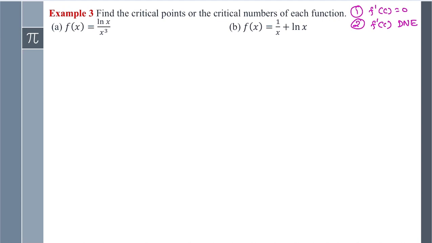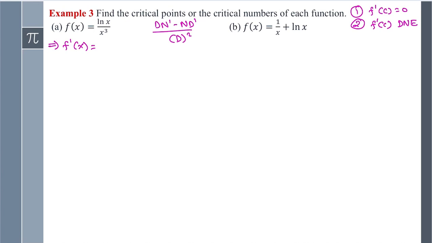So let's go ahead and find the derivative of this function. We are going to use the quotient rule. I think you still remember that. f prime of x equals, by the quotient rule, denominator times derivative of numerator minus numerator times derivative of denominator, divided by denominator squared.